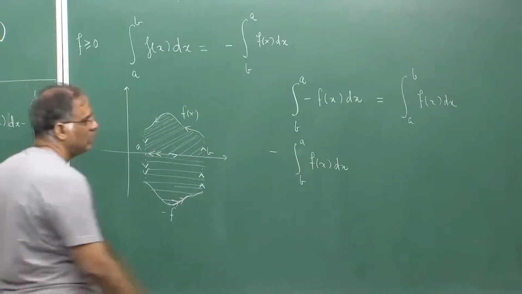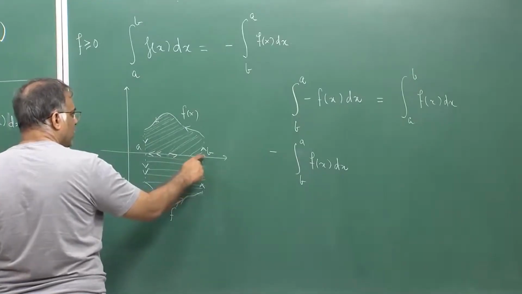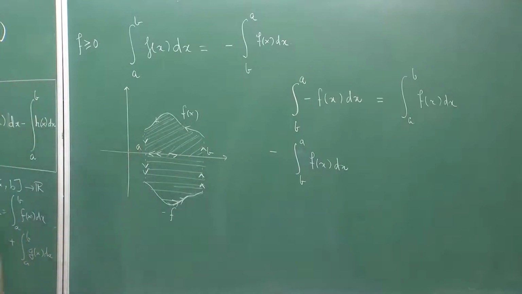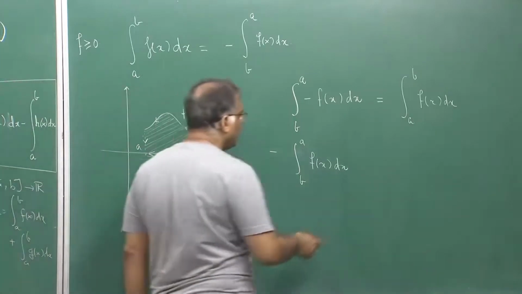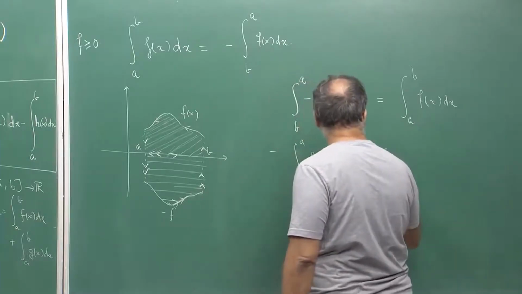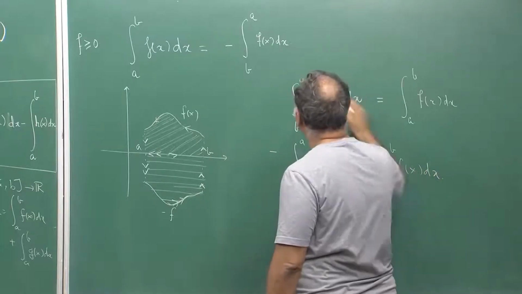So negative of the area from B to A, walking in the clockwise direction, right? So if you look at now walking in the clockwise direction from B to A like this, then my area would be negative. But that area numerically must be same as the area from A to B, and that is the logic behind this.